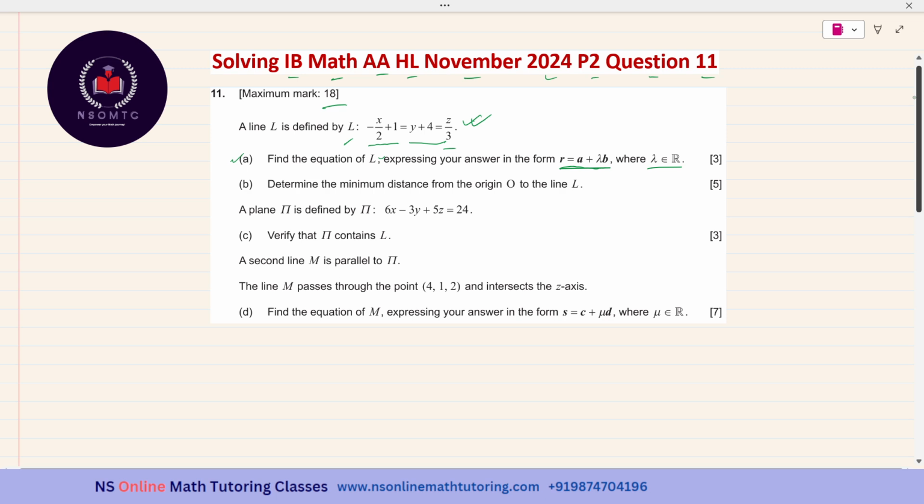Okay. So what is the format of this Cartesian equation of any line? Because we have to modify this a little, you have to know the exact format.